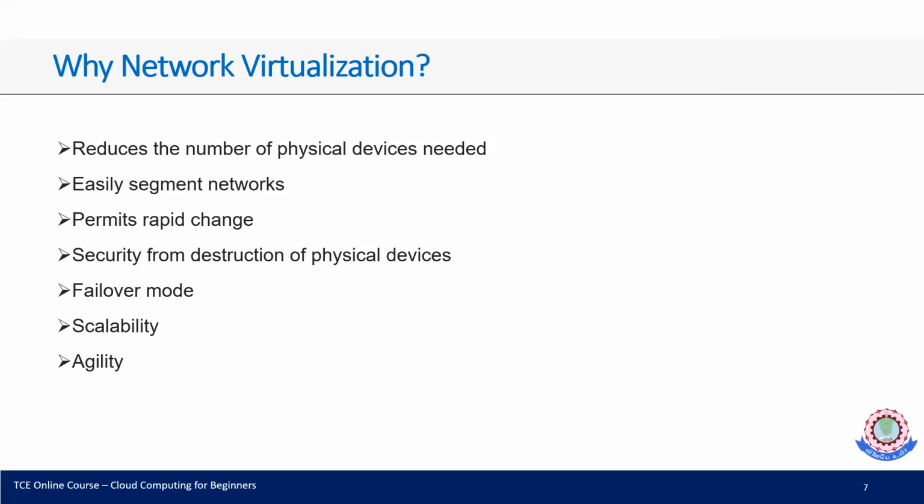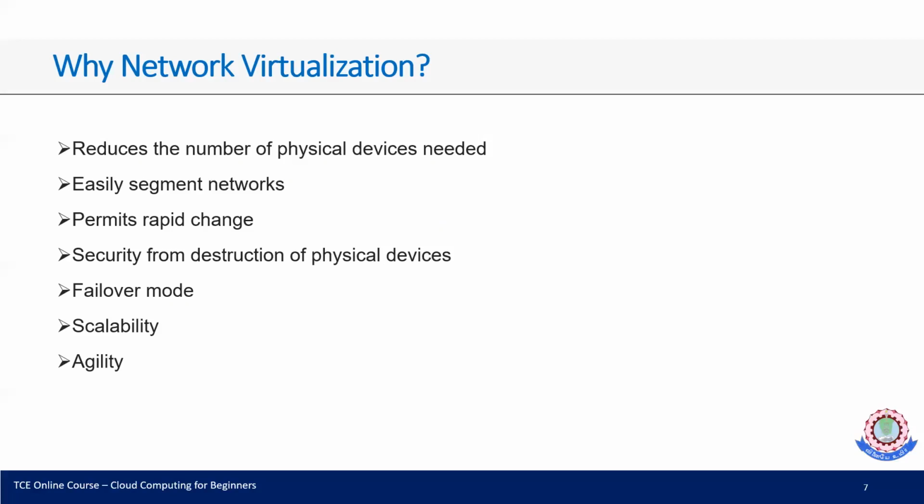We can easily segment the networks, so the network can be partitioned into various segments. It will permit rapid change inside the environment. Then it provides security from destruction of physical devices. If any sort of failure occurs, the mode can be recovered by changing the network.